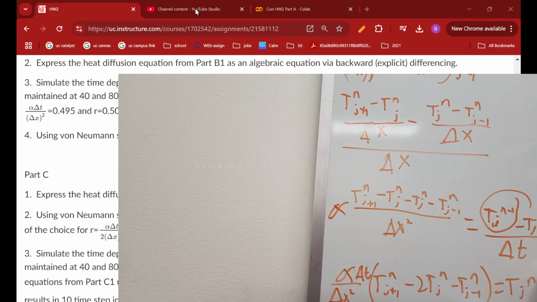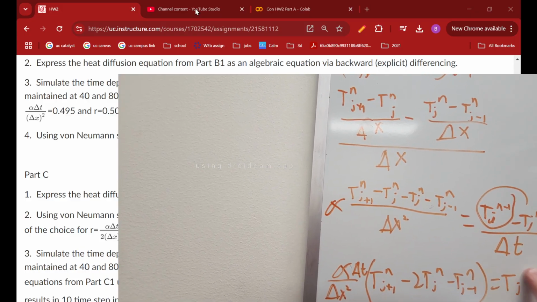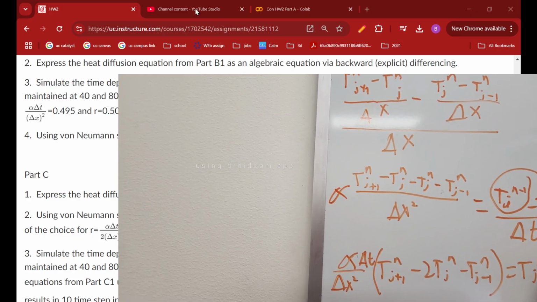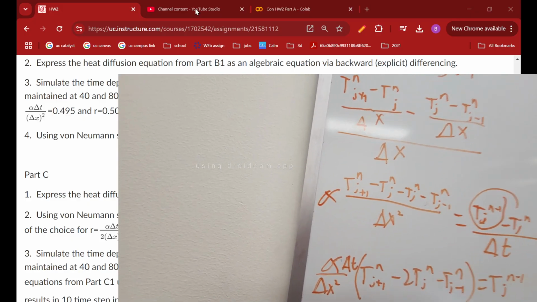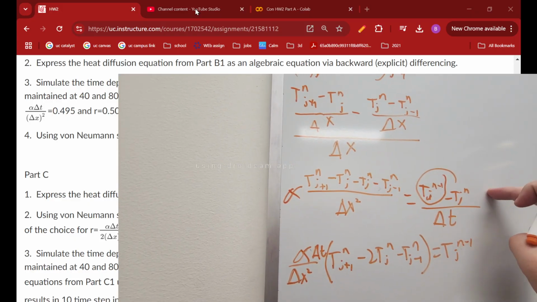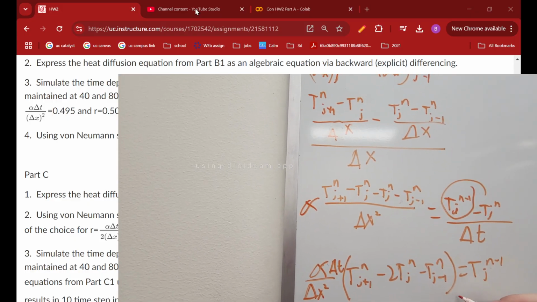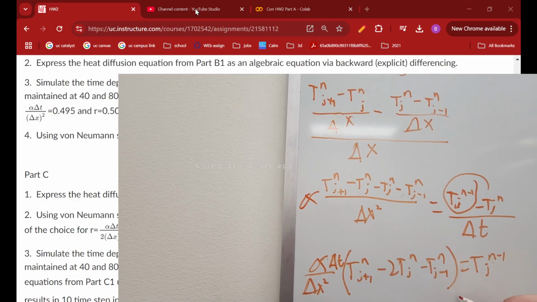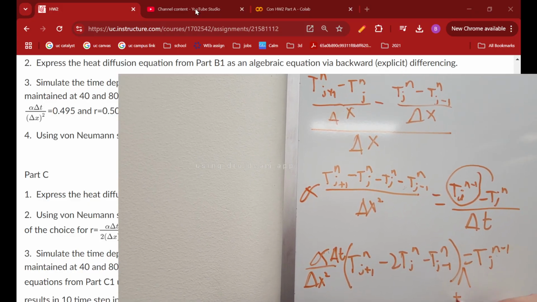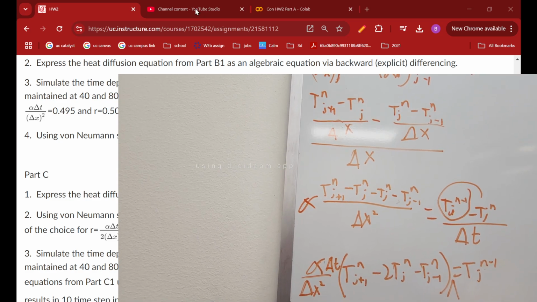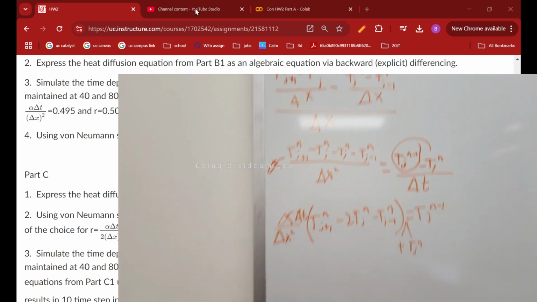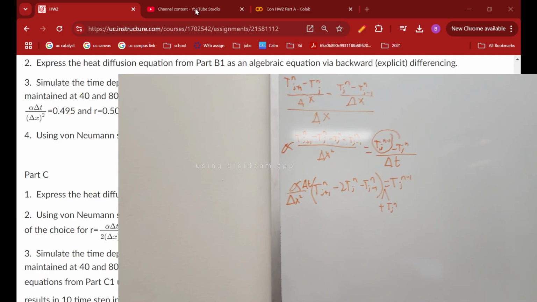Oh, I made a mistake. We also missed this term. Remember that this goes here. And then that should be our final equation.